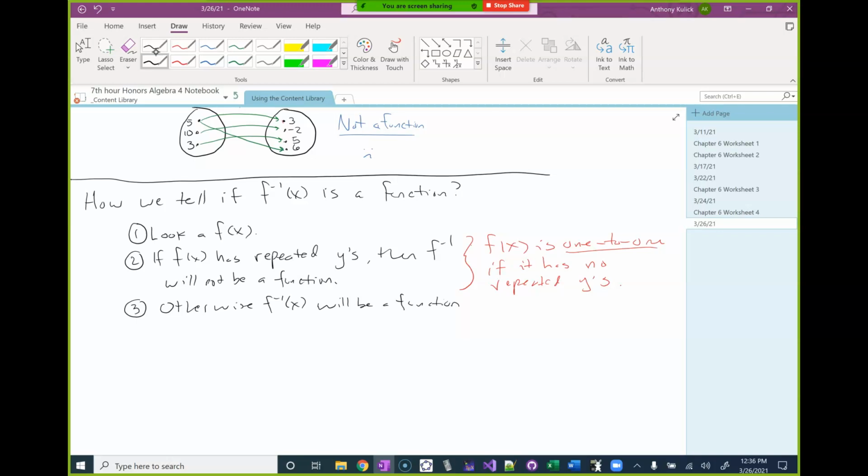Everybody okay so far? Okay. So let's consider this negative 2x squared.